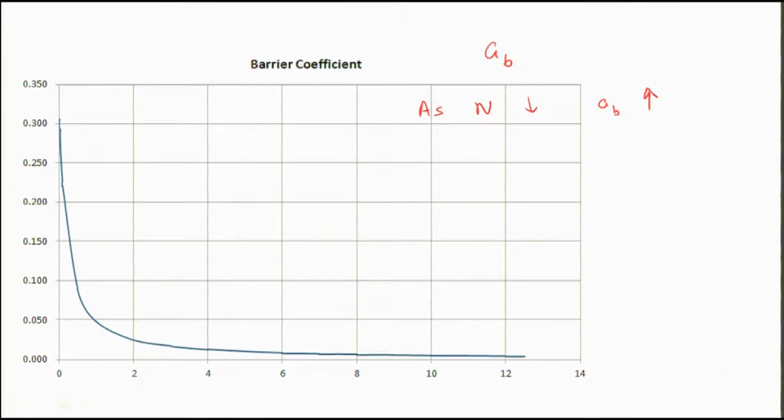The maximum value possible for AB is 1. And after 12.7 it does not change much, it remains at around 0.004. That is why we have given two conditions: if it is more than 12.7 it is 0.004, and so forth. And as n goes up, AB goes down.